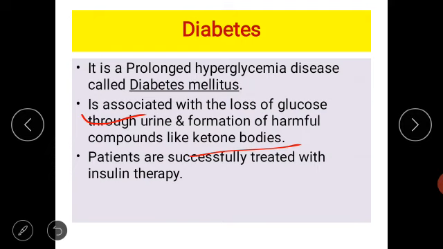Patients are successfully treated with insulin therapy. Artificial insulin, produced artificially by man, is given to the patient, and the patient can get relief from high blood sugar level temporarily.